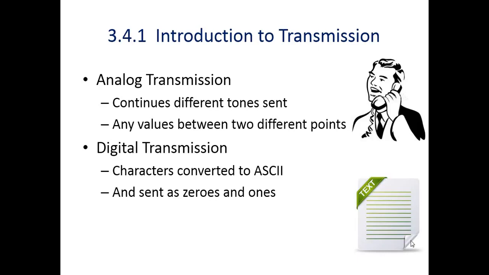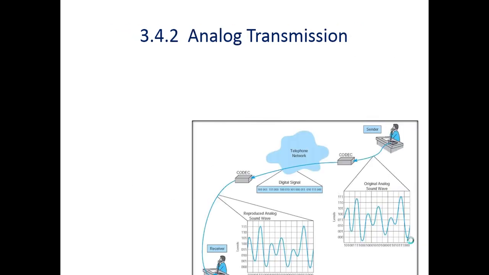The file stored in our computer is in the form of characters or words, and each individual character has its own unique ASCII value. It is converted into its unique binary value, in the form of 1 and 0, and these ones and zeros are sent over the network.